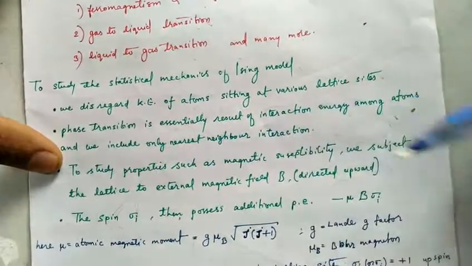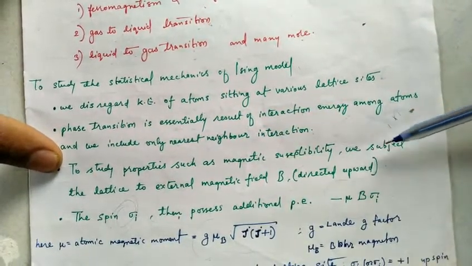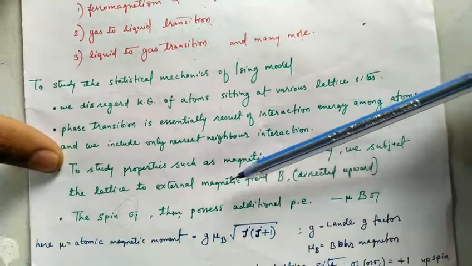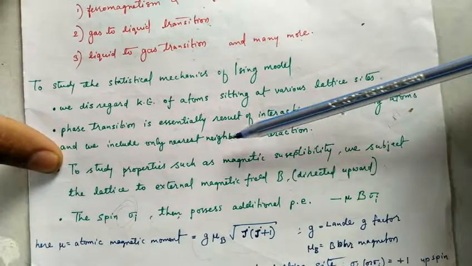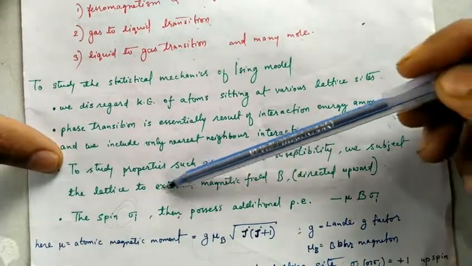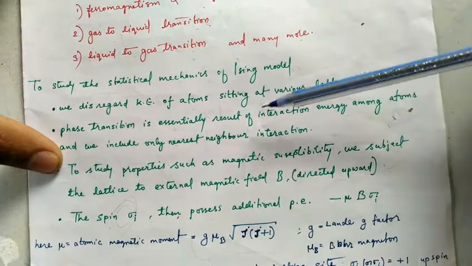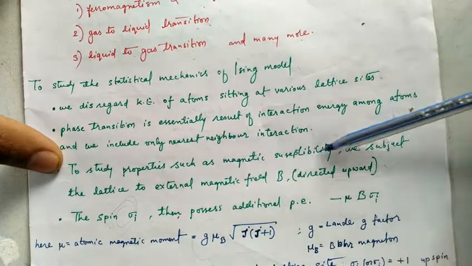The third point is that to study properties such as magnetic susceptibility, we subject the lattice to an external magnetic field B. There is a reason behind this. You need an external magnetic field if you want to calculate the magnetic susceptibility.